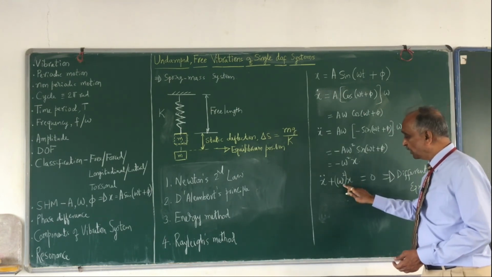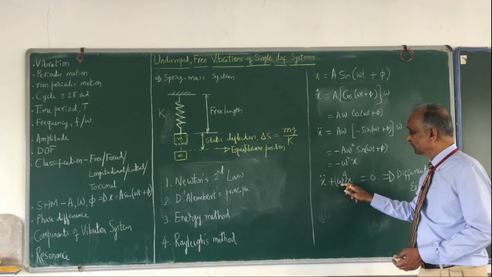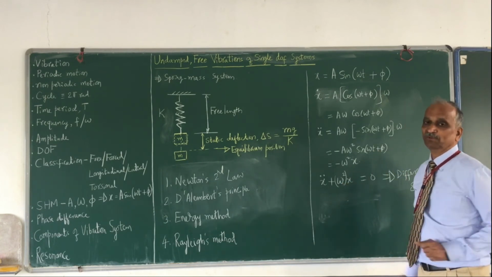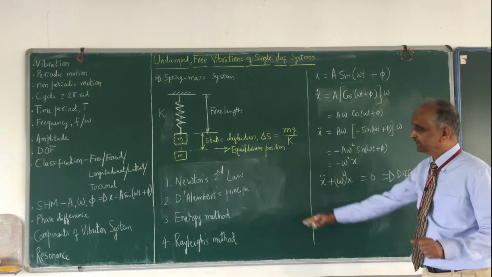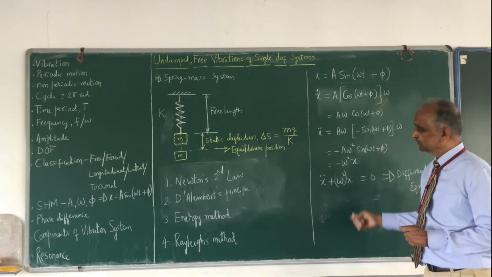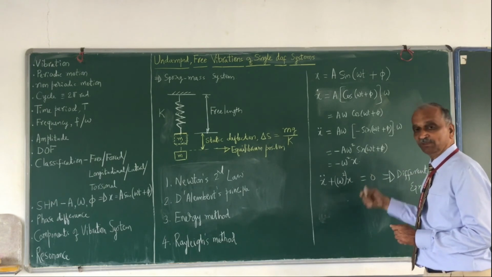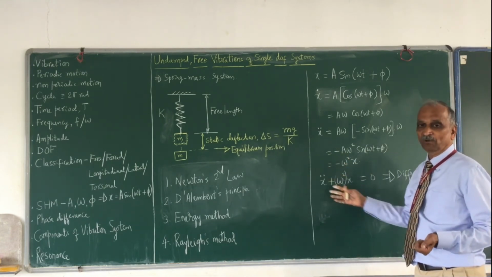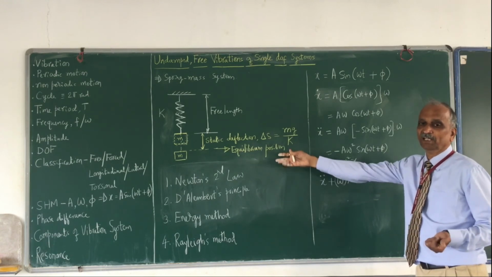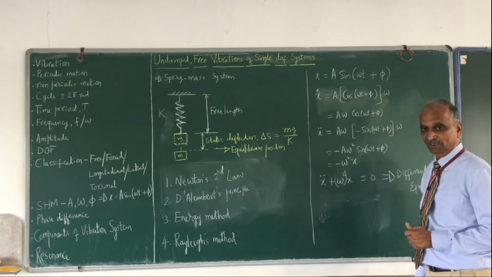The square root of this term is nothing but the frequency. And that frequency is the natural frequency when we apply it. There also we are going to have a very similar equation, and that equation also shall have a frequency, which is called the natural frequency.